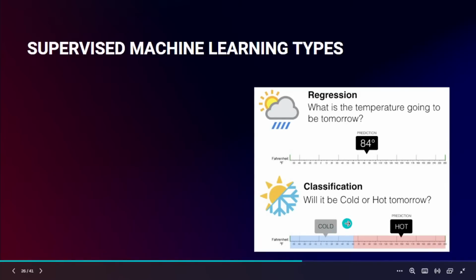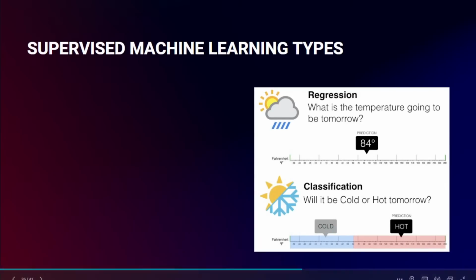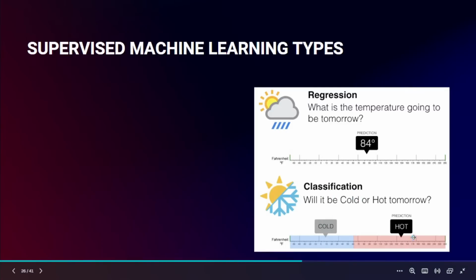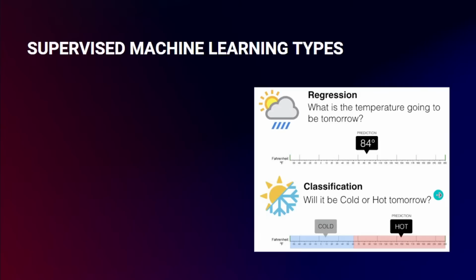You have separate categories like cold or hot or mild. These things are known as categories. If the output or label is categorical data, it comes under a classification problem. So the model should predict either this or that, or if you have three, four or five options, it should pick any one of them.